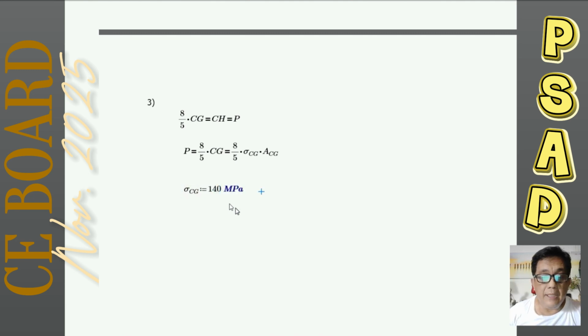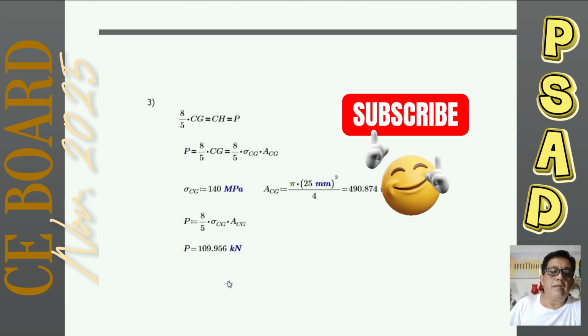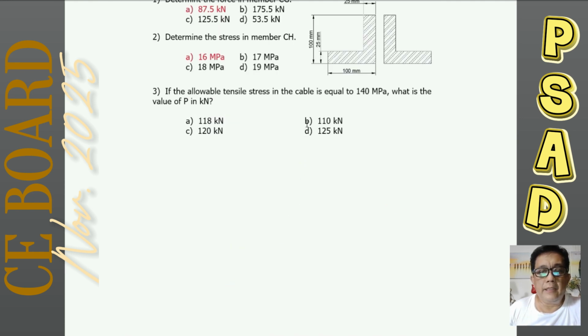And then we're given the diameter of the cable, that means the area of CG equals pi times the diameter, which is 25 millimeters squared divided by 4. In square millimeters, that's 490.874 square millimeters. So we can now solve P. P equals 109.956 kilonewtons or 110. That's letter B.